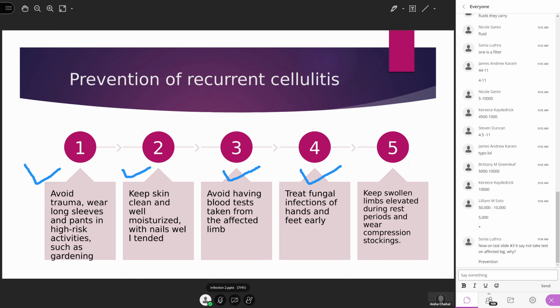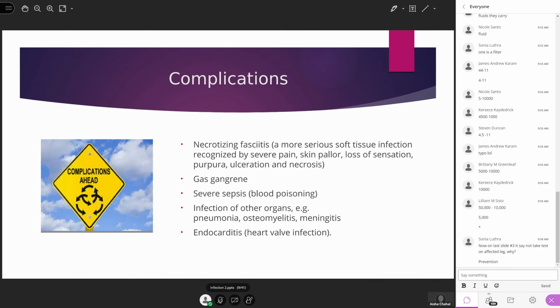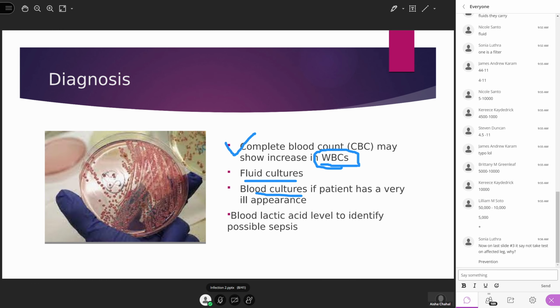Avoid sticking or poking that arm. But if we have to take fluid culture specifically to see the bacteria in there, then we will take from that extremity. Okay, hope that answered the question. But that avoid taking test is like the general test that we have to perform.